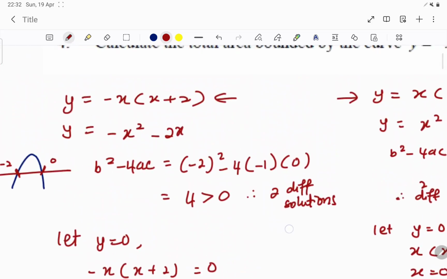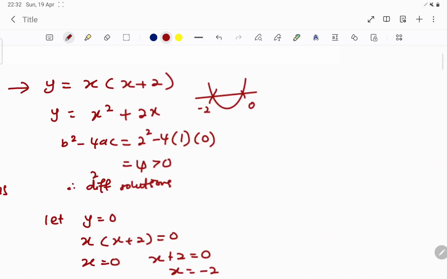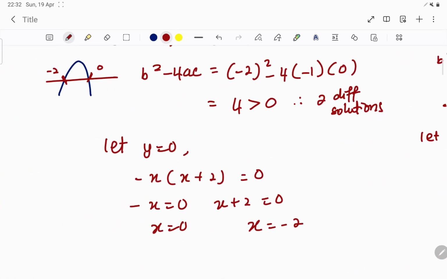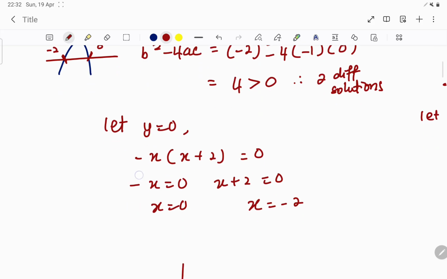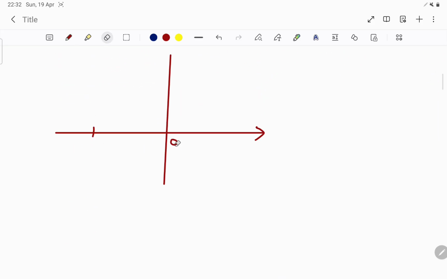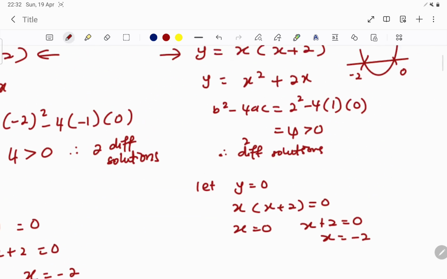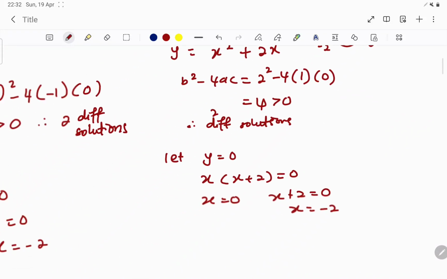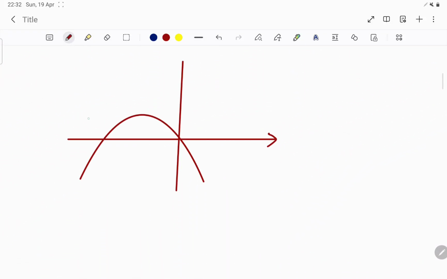The first graph is a sad graph, the second one is a happy graph. For the sad graph, the roots go from negative 2 until 0, so you draw it. We remove this one first. Then the other one is the same, but it's a happy graph, with the roots also at negative 2 and 0.